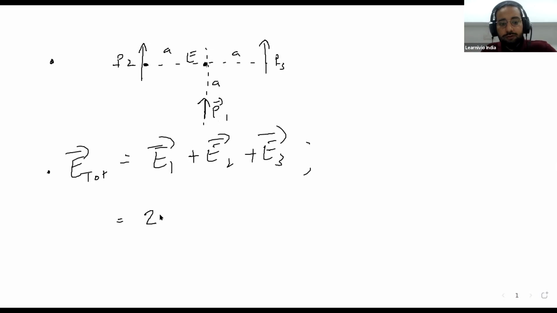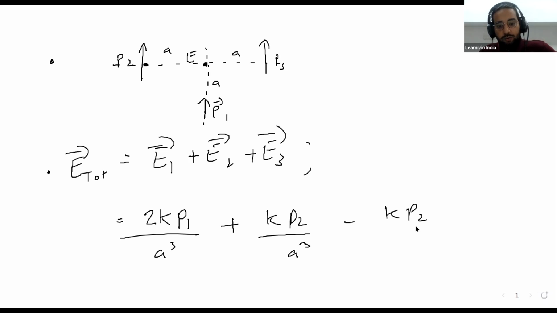So just write 2, always write k, always write p1 over a cubed, plus the perpendicular versions for the 2. So you have k p2 over a cubed and minus k p3 over a cubed.